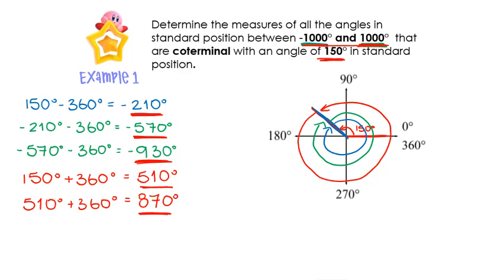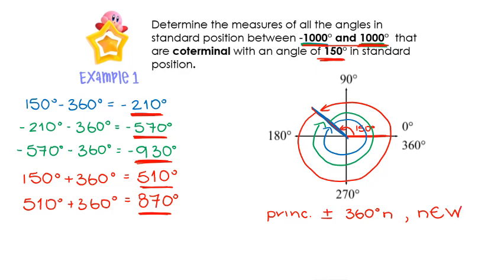Now, essentially all we're doing is either adding or subtracting 360 degrees. So we can write a generic expression to represent all coterminal angles. All you have to do is take your principal angle and then add or subtract 360 degrees, multiplied by a variable that we're going to call n, and state that n can be any whole number.